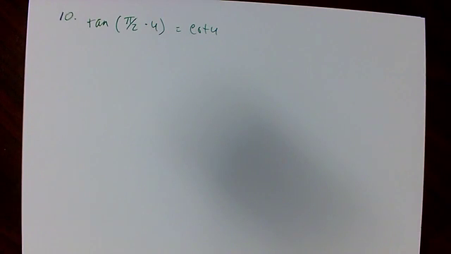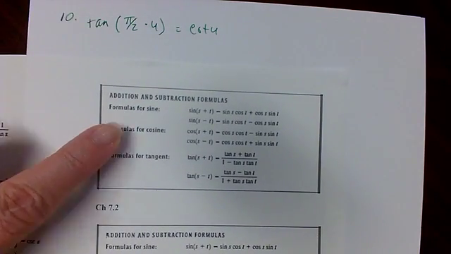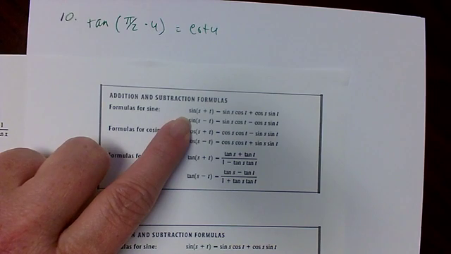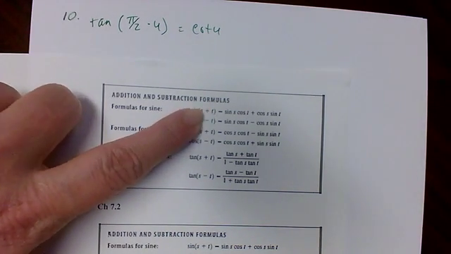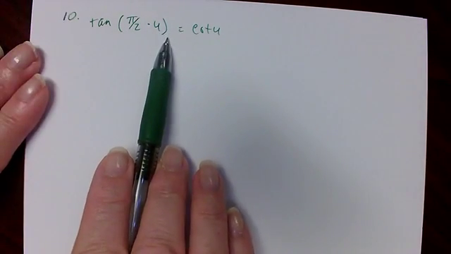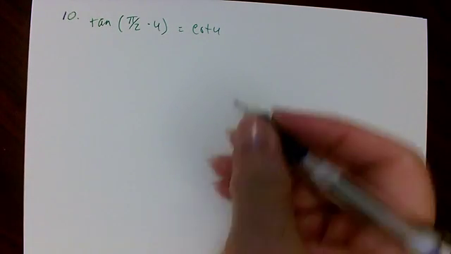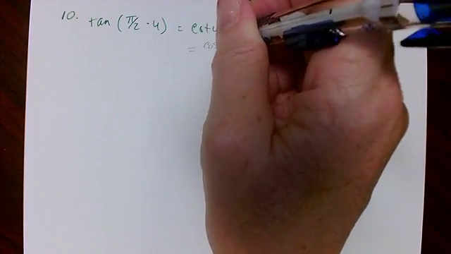In this case, with our pi over 2 minus u, we are looking at our addition and subtraction formulas. So here we have our s plus t parts, and that's what we're going to be using. The first part we want to do is figure out which one's the more complicated side to start with. This will be the more complicated side. Cotangent u, we can simply rewrite as cosine u over sine u.